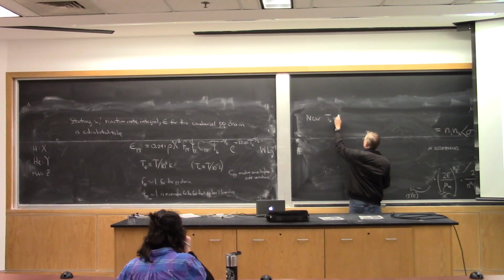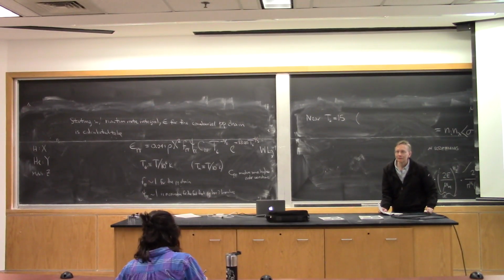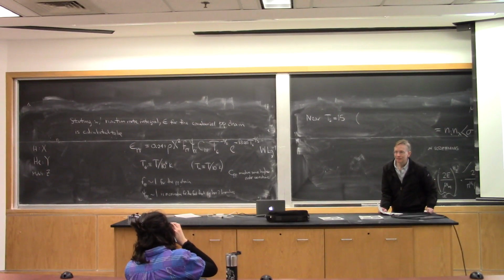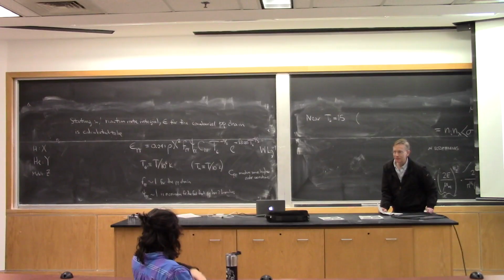Near T6 equals 15. What temperature is that? If T6 is 15, the temperature itself is T over 10 to the 6. What's another name for 10 to the 6? A million, right?